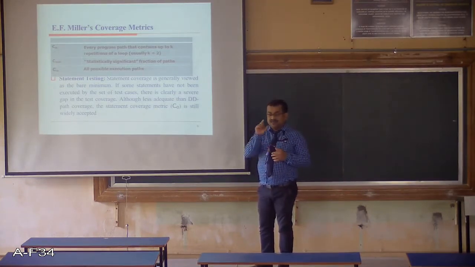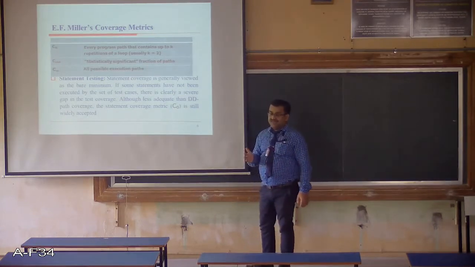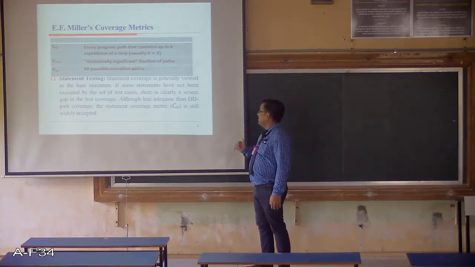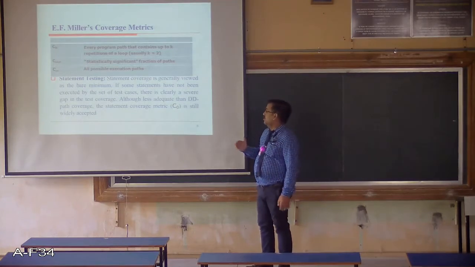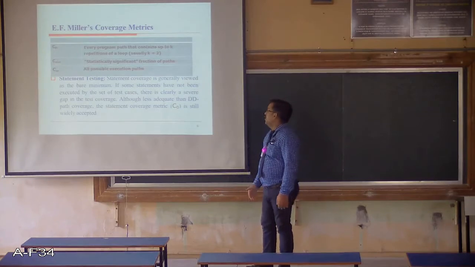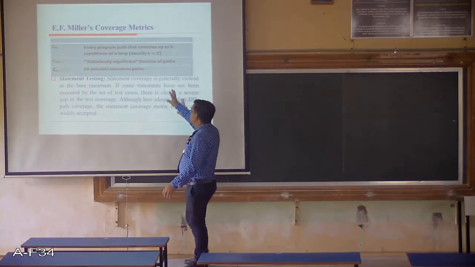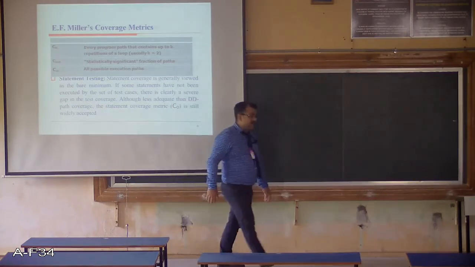Every statement in the program flow graph has to be tested. Although statement coverage is less adequate than decision-to-decision path coverage, it is still one of the most widely used test coverage metrics, indicated by C0. That is the first test coverage by Miller.